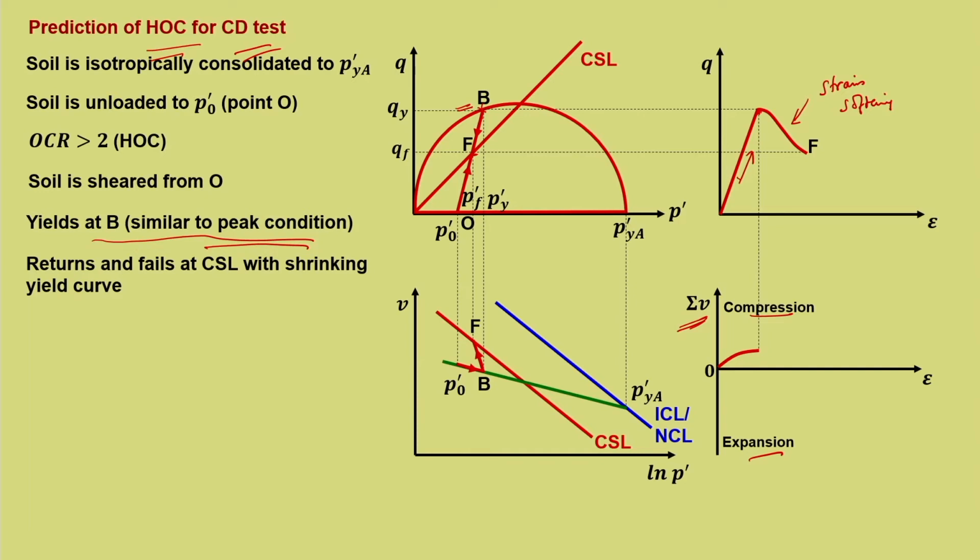You can see that there is a strain softening. This strain softening we have discussed before, but now at what point it will start strain softening, that dilation happens, this is adding more meaning to it.